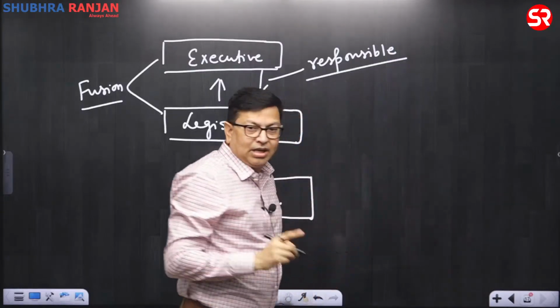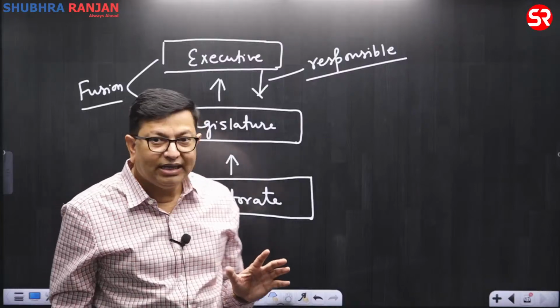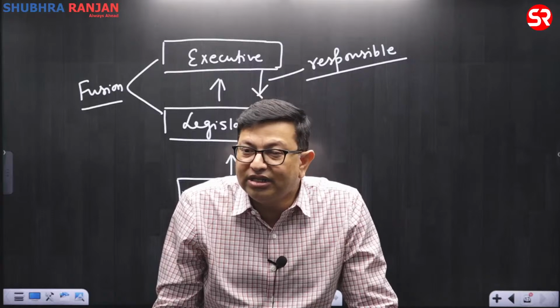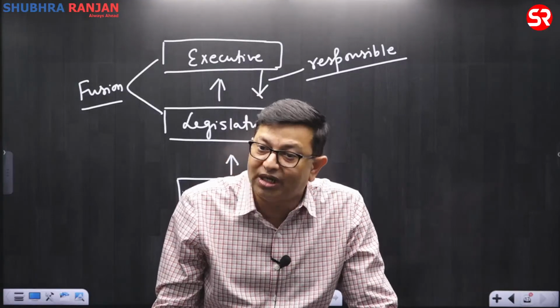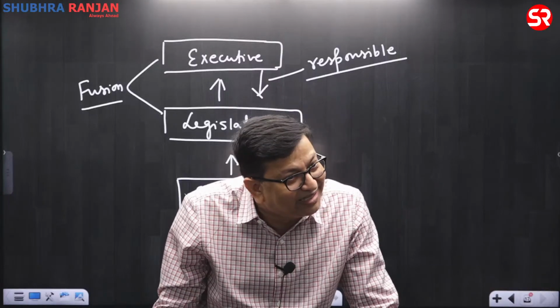Now, in the preliminary examination, obviously if the wording is responsible to the legislature and it is not clearly mentioned responsible to the lower house, then it will be responsible to the legislature.